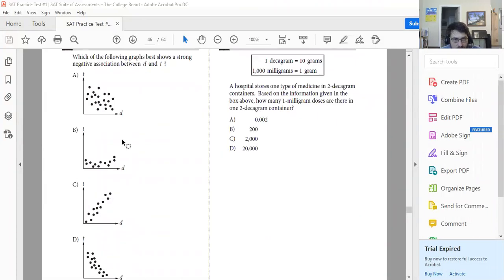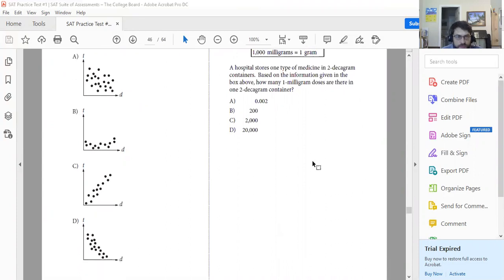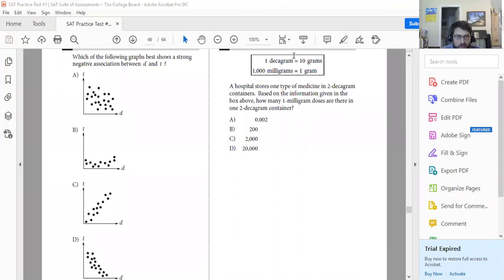Number 5, which of the following graphs best represents a strong negative correlation? Strong negative means as x goes up, y goes down, so this will be negative.